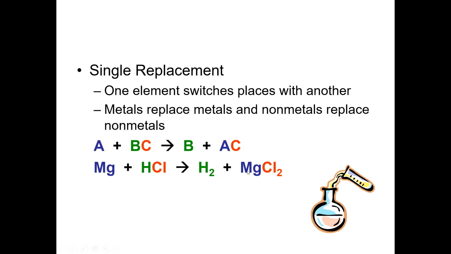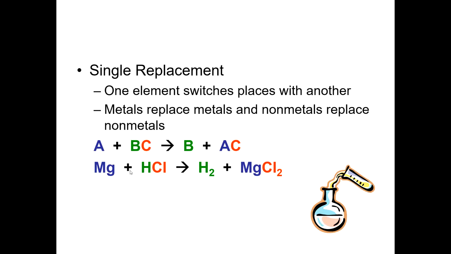Magnesium is now paired with chlorine, and notice, just like we learned with charges, that since magnesium is +2 and chlorine is -1, you have to cross the 2 and the 1. If this is not a balanced equation, if we were to balance it, we would put a coefficient of 2 in front of HCl.